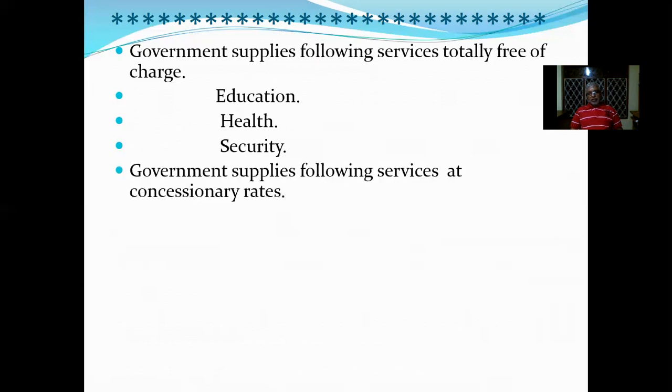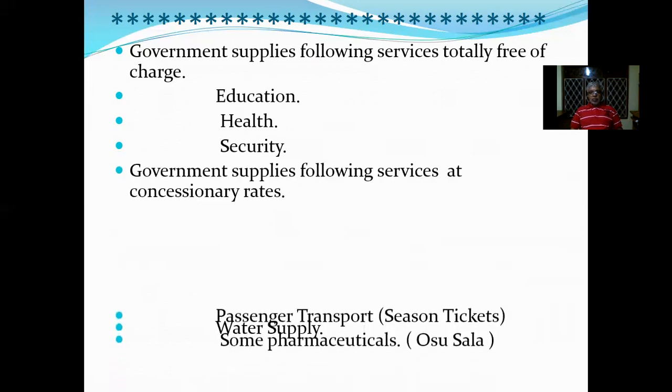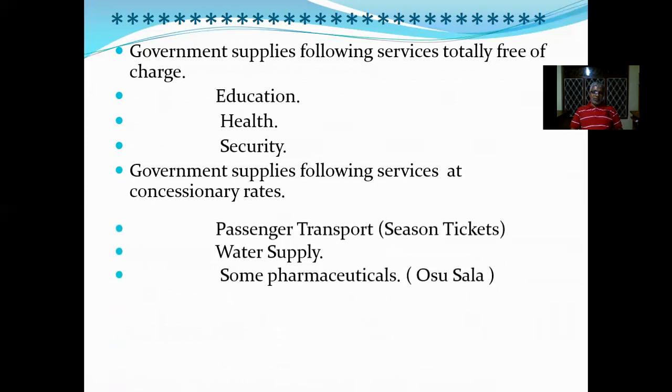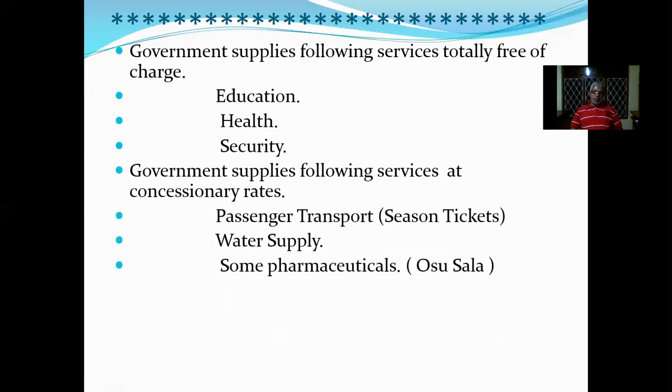Then the government supplies the following services at concessionary rates. New term. Concessionary rates means affordable prices. Affordable or reasonable prices. What are they? Passenger transport season tickets. You know that when you buy season tickets, some discounts are given. Then it is a benefit to the passengers. Then water supply.